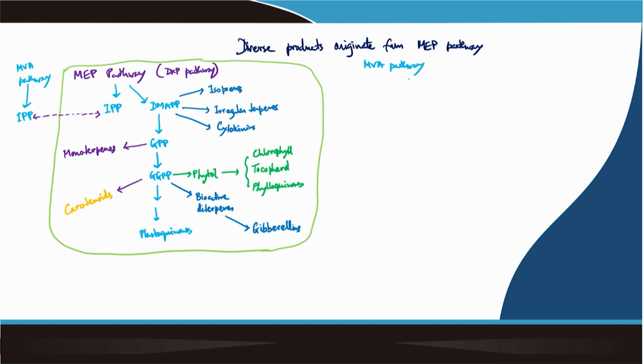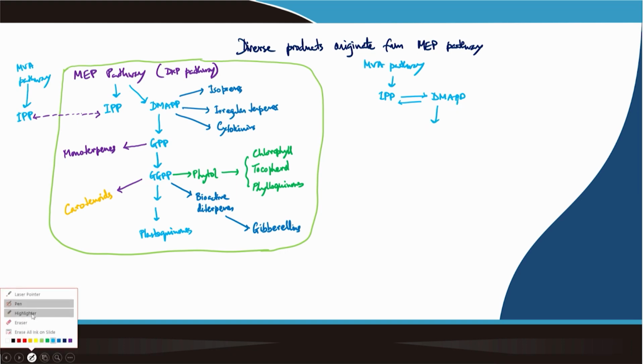The MVA pathway makes IPP, that goes into DMAPP, that makes GPP.